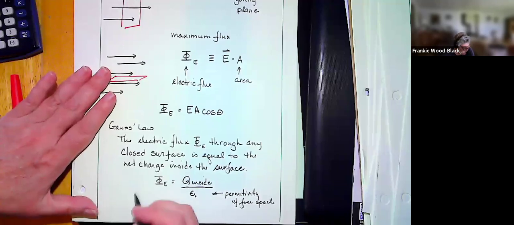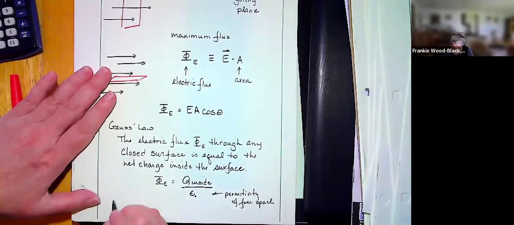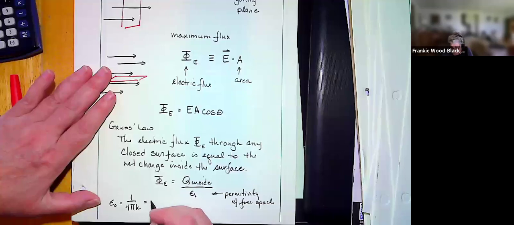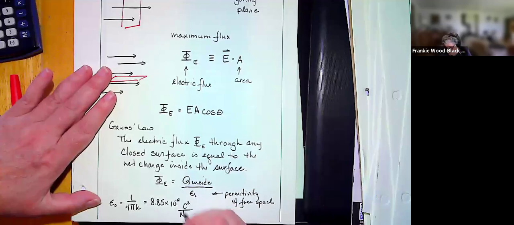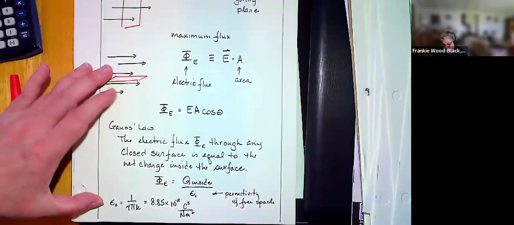Our permittivity of free space is equal to one over 4 pi times Coulomb's constant, and it has a value of 8.85 times 10 to the minus 12 Coulomb squared per Newton meters squared.